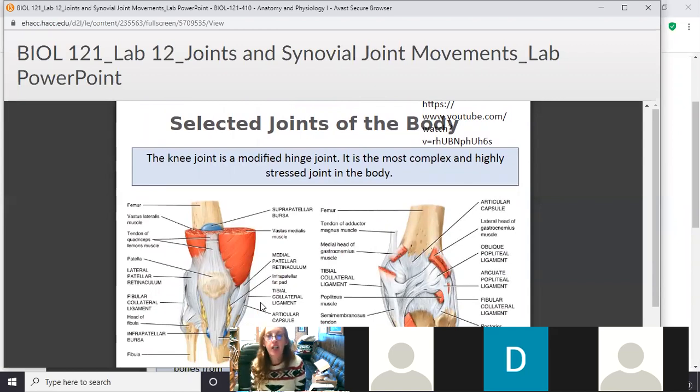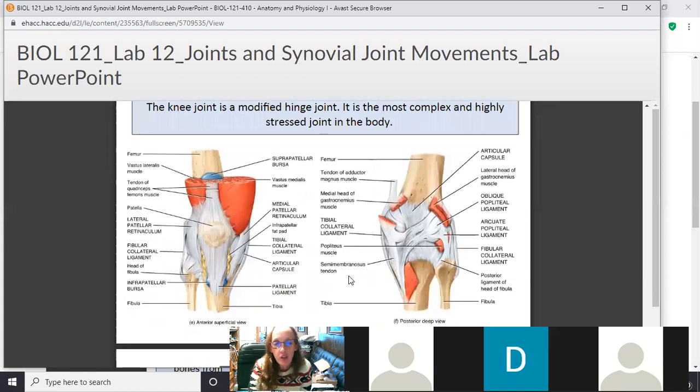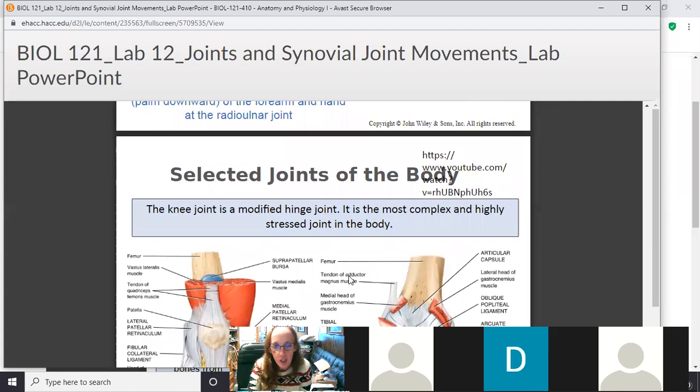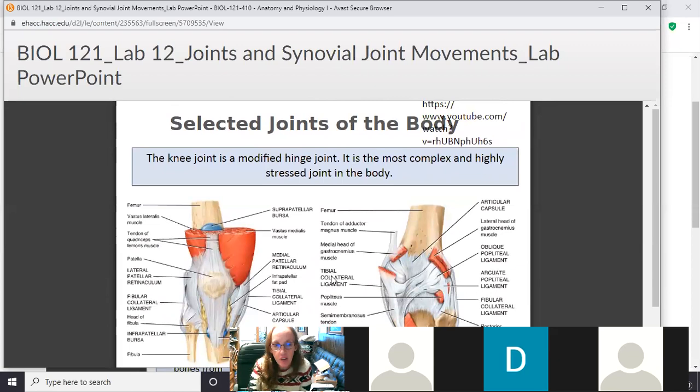Knee joint, modified hinge joint, the most complex and highly stressed joint in the body. I know for people who are more heavy set, they will tell you that their knees tend to hurt, and if they lose the weight, they'll notice that their knees don't hurt as badly.